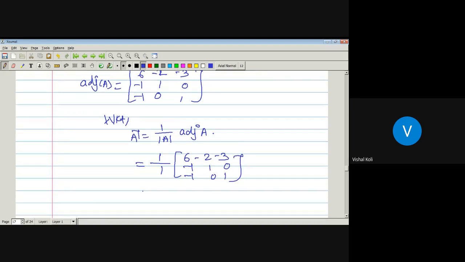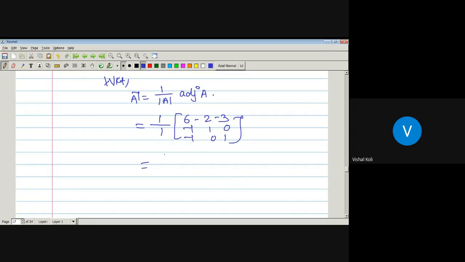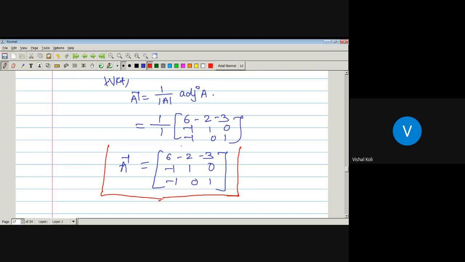So 1 divided by 1 is 1, so it is equal to 6, minus 2, minus 3, minus 1, 1, 0, minus 1, 0, 1. So this will be the inverse of the given matrix. So in this way we can find the inverse of any matrix by using the adjoint method.